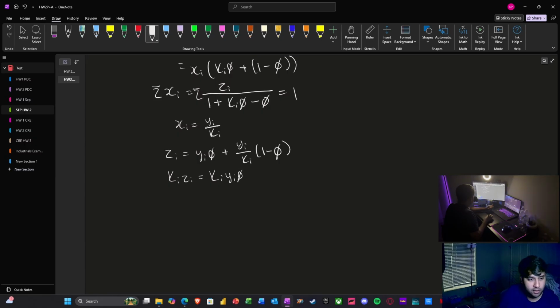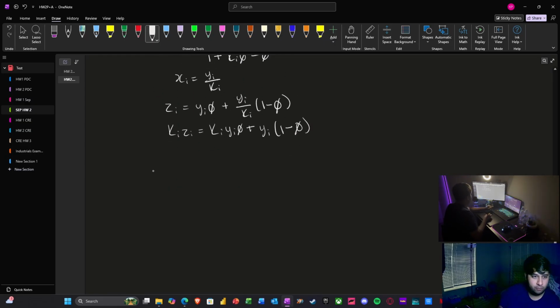So we're left with K_i y_i times phi plus y_i times 1 minus phi. You can see we can now go ahead and separate our y_i from the rest of this equation, so we're left with 1 minus phi.